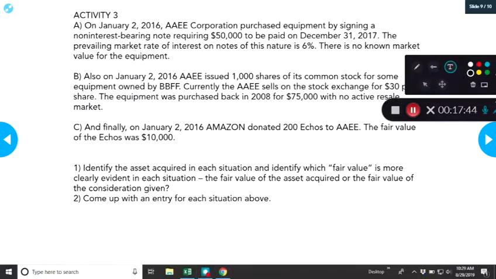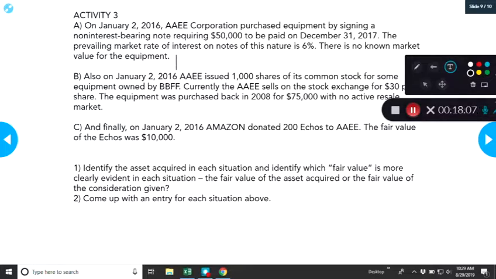So if we look at this first situation, we purchased equipment by signing a note. We actually looked at this the first day of class when we were looking at Chapter 6, the warm-up activity, where you had to take the present value of the non-interest-bearing note at the given rate for the number of periods.